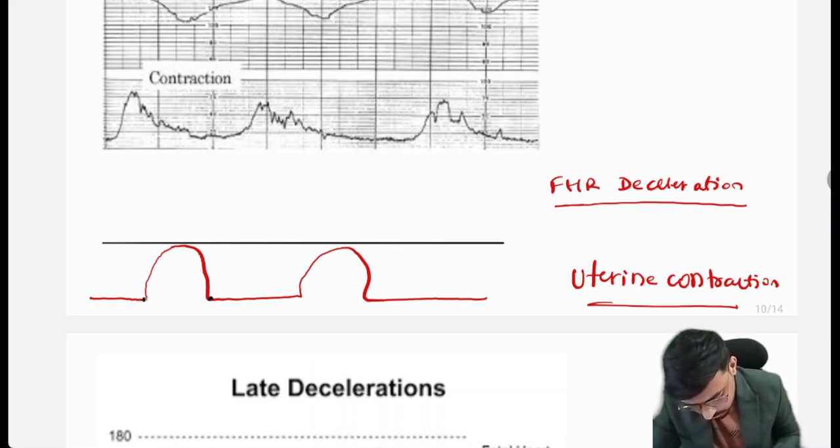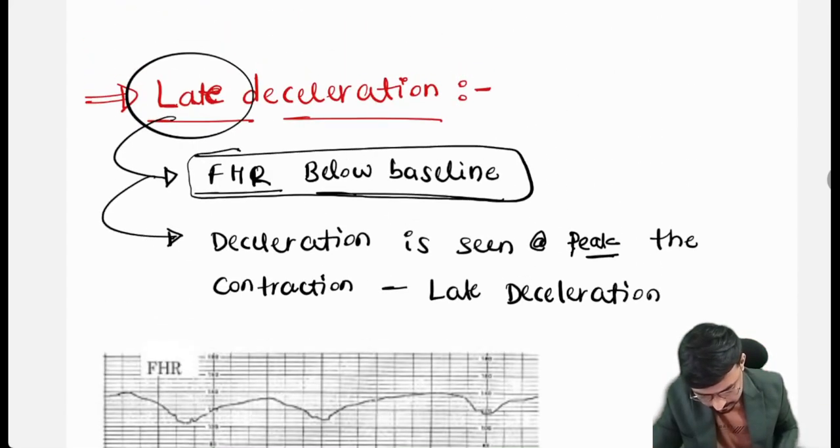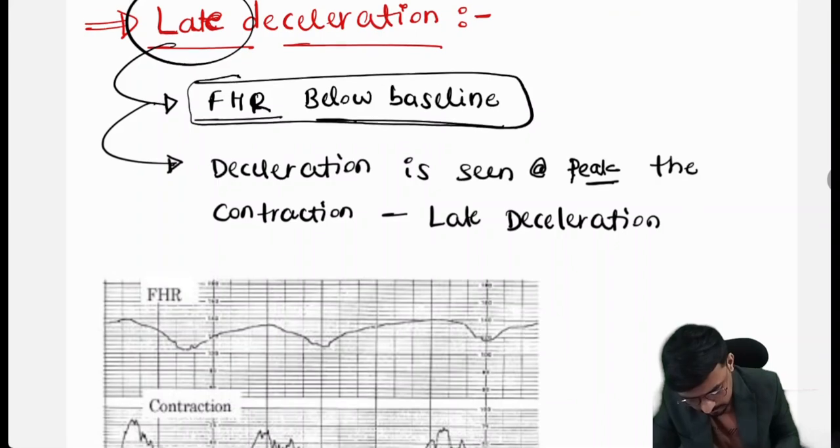When the uterus is contracting at its peak, at that time the fetal heart rate will start to reduce. So the beginning of the fetal heart rate decrease will be at the peak of the uterine contraction. But in the early deceleration, the beginning of the fetal heart rate reduction is at the beginning of the uterine contraction. The uterine contraction begins, and the fetal heart rate starts to decrease.